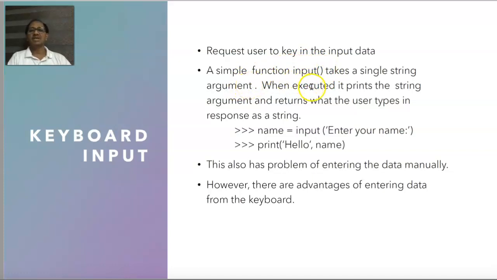When this is executed, it prints the string argument and returns what the user types in as a response to the input. So for example, if you have a variable like name and you are assigning whatever input the user gives, so input and enter your name. Enter your name is printed, and the program waits for the user to enter his name. Once he enters it, that is assigned to the variable name. Then it prints hello, that name. Right?